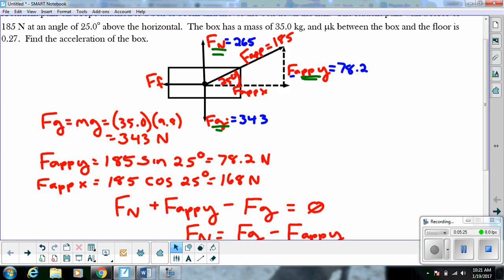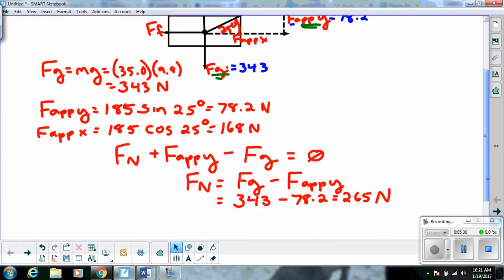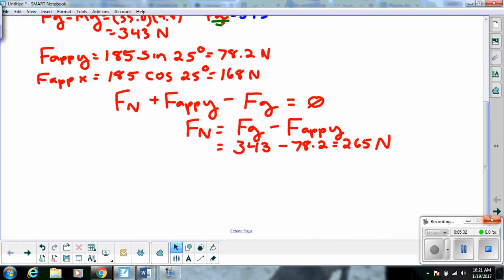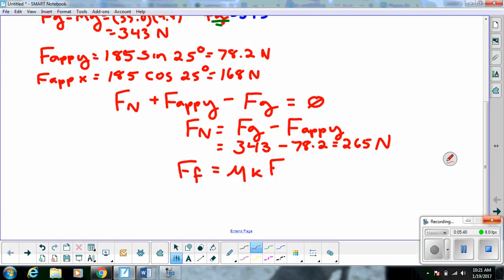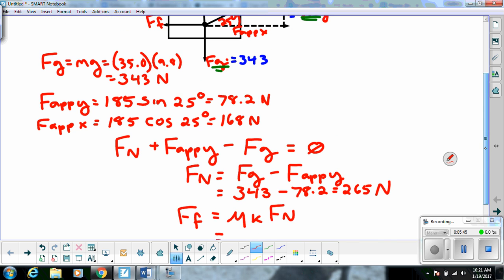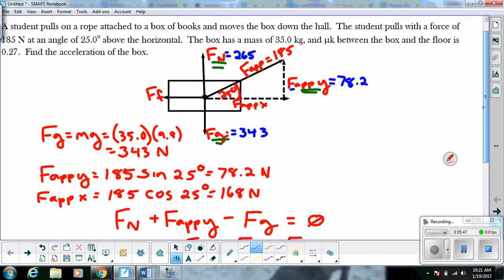What that's going to enable me to do is find the frictional force. So the frictional force, using the frictional force equation, is the coefficient of kinetic friction times the normal force. Coefficient of kinetic friction was the 0.27.